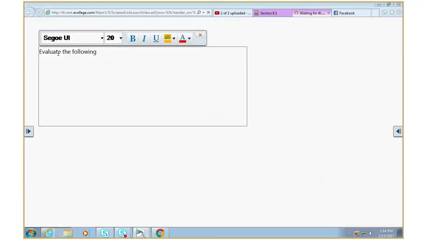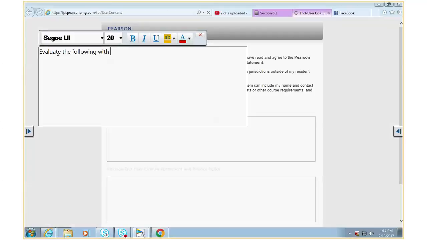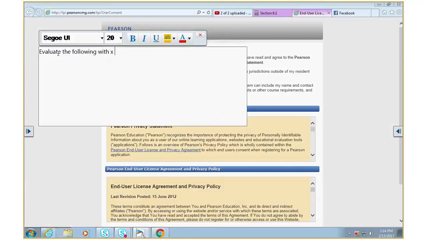Evaluate the following with x equal to 4, and y equal to 3. x squared plus 4x minus 3y.